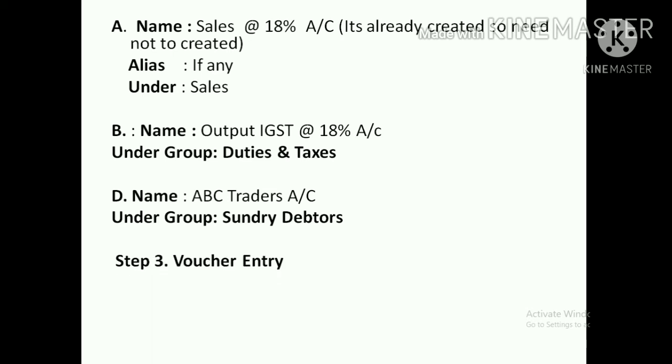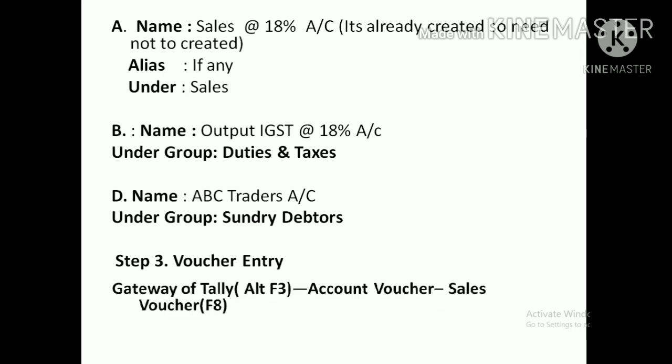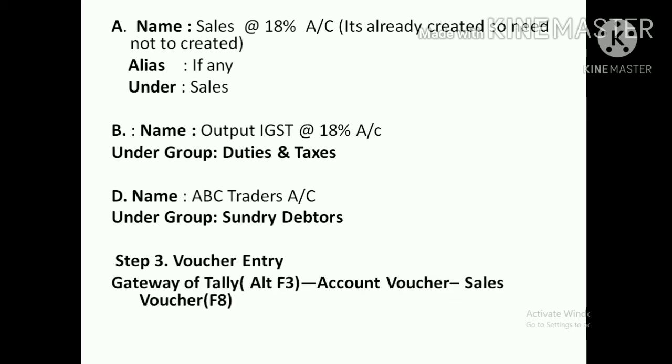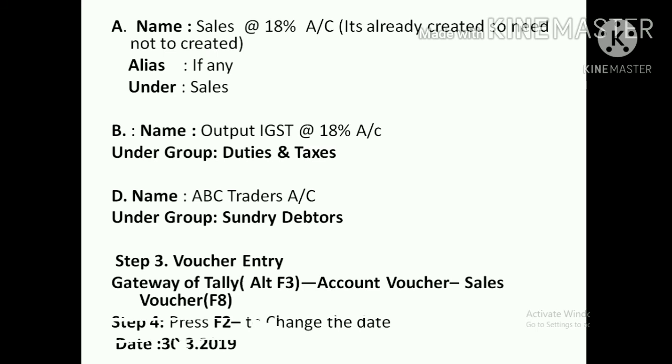Then go for voucher entry. The goods are sold, so it should be passed in the sales voucher, that is F8. Then press F2 to change the date. Then record the voucher in the sales voucher. First it demands the debit account, which is ABC Traders, that is 2,12,000, including tax.